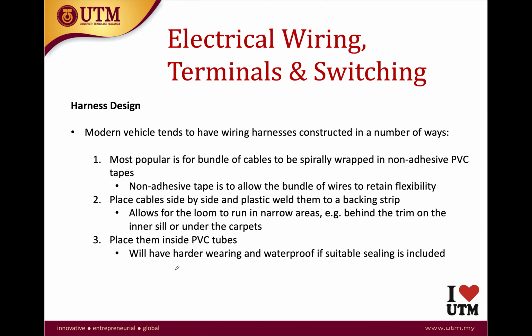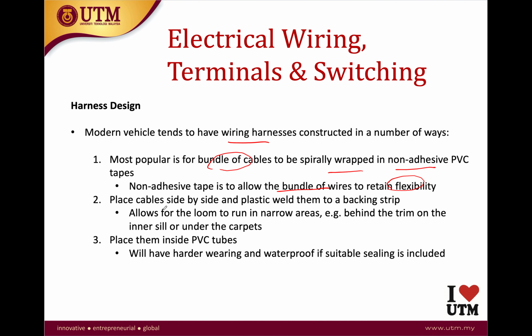When you talk about wiring system, you can also refer to it as harness design. Modern vehicles tend to have wiring harnesses constructed in a number of ways. The most popular one is to bundle the cables, spirally wrapped in a non-adhesive PVC tape. The non-adhesive tape allows the bundle of wires to retain flexibility.